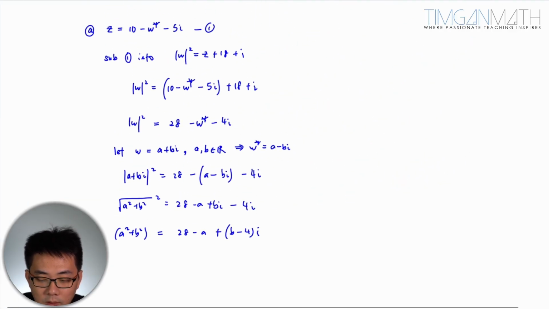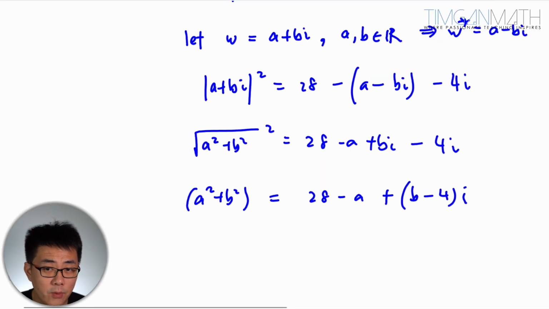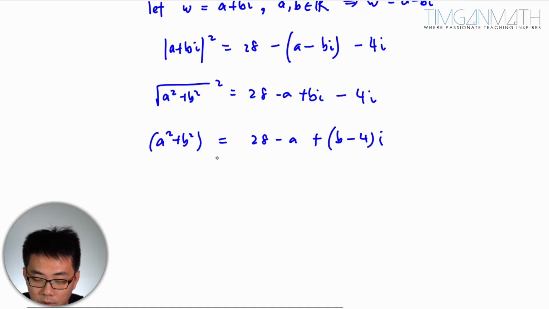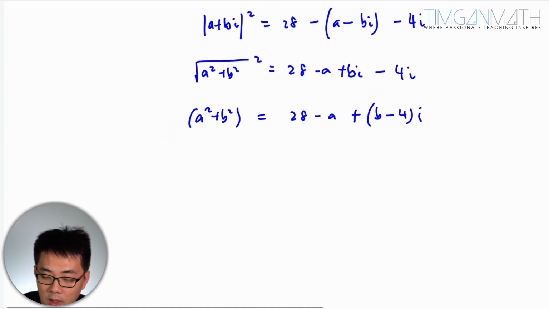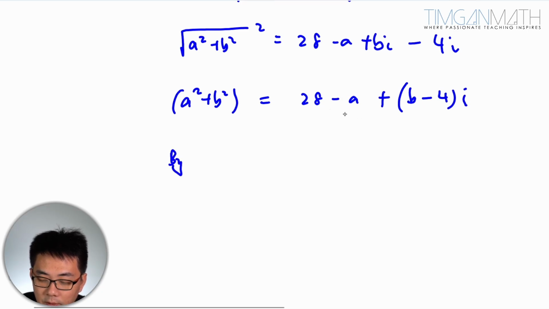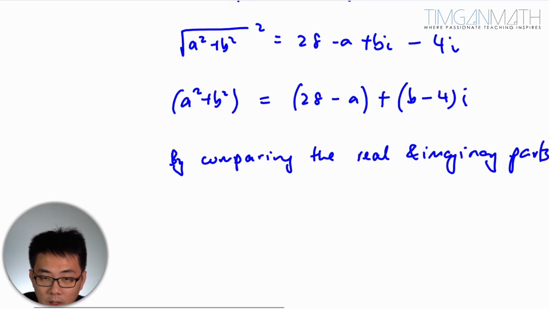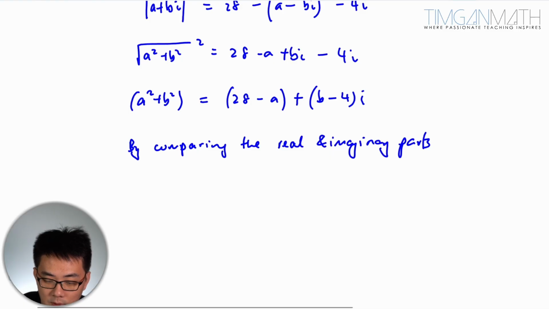Now with this, we can compare the real and the imaginary coefficients, because you can equate both of them. By comparing the real and imaginary parts, take note that a squared plus b squared is real, so this is 0i.